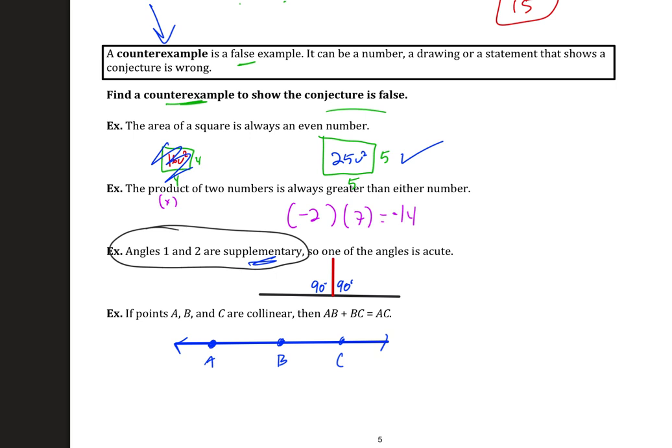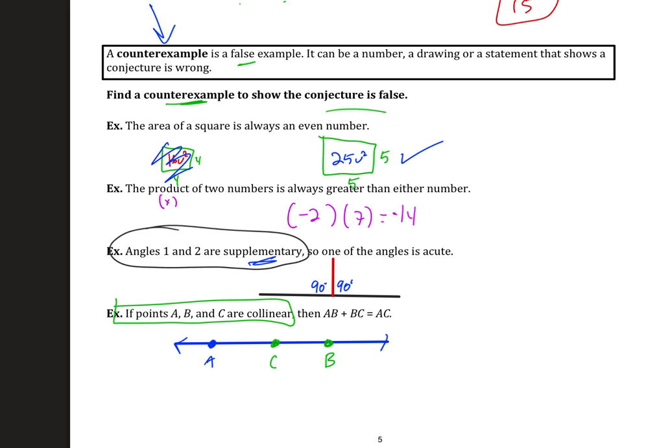All right, so here I have a number line, and it says A, B, and C are collinear, but it doesn't say that it has to be in that order. So if I just switch around A and C for a minute, here, A, B, and C are still all collinear.